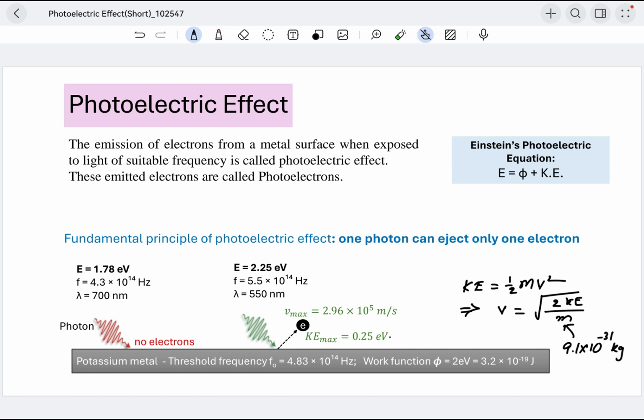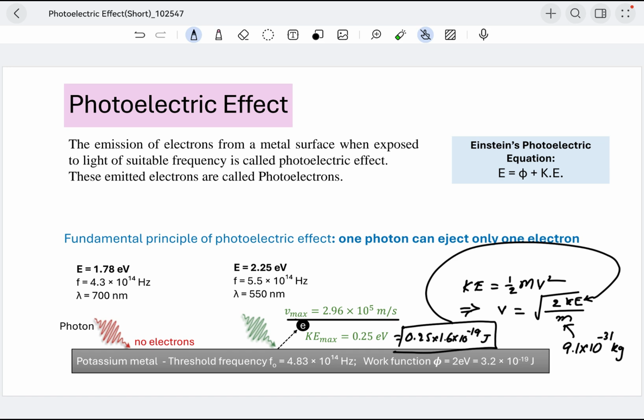Remember one thing, you cannot directly use electron volt in this kinetic energy formula, it's wrong. So convert it to joule, that is 0.25 times 1.6 times 10 to the power of minus 19 joule. This number we can plug into the kinetic energy. Like this we can find the speed of the ejected electrons.